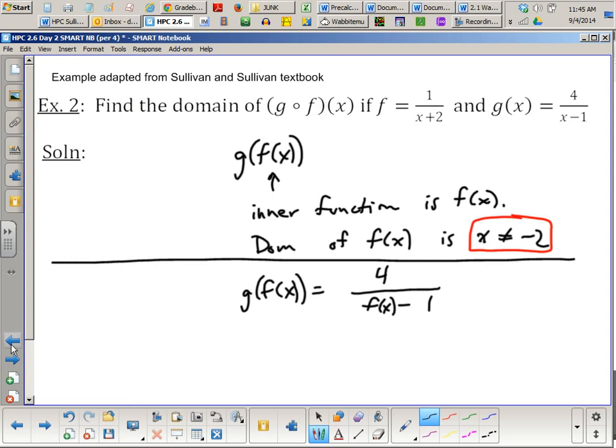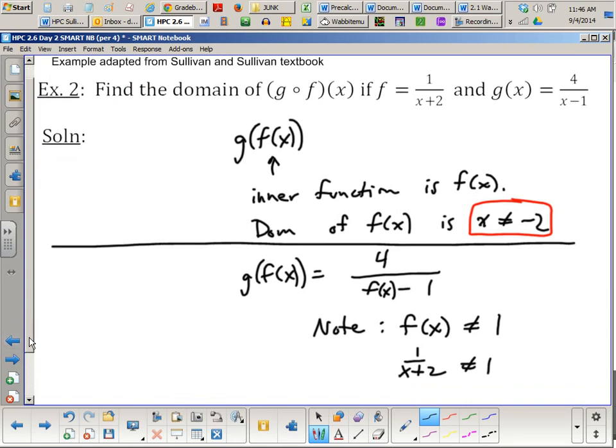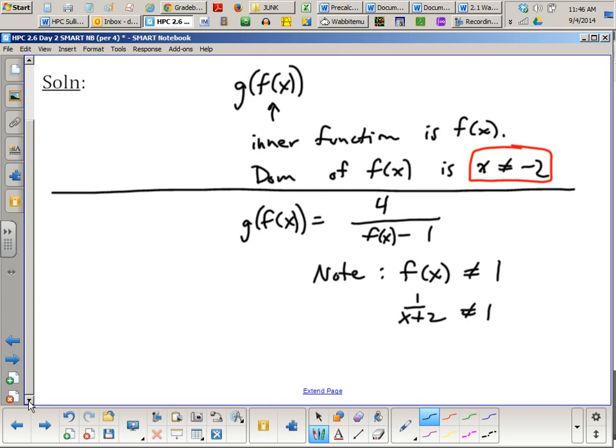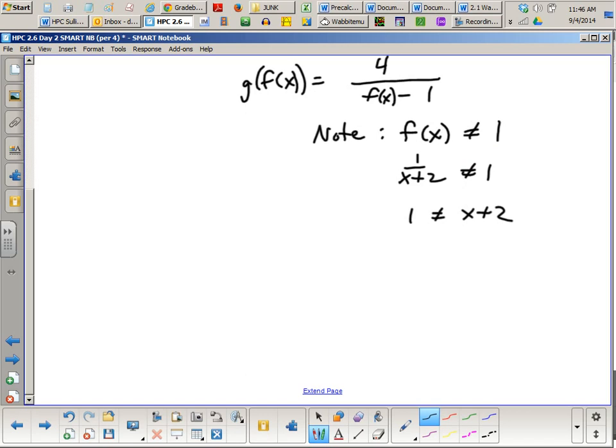Okay, so note f of x cannot equal 1. So if you're thinking that, then you might as well write it. And if you're writing it, you might as well flesh it out. So let's change f of x now to 1 over x plus 2, and solve that. So this gives me that 1 cannot equal x plus 2. x cannot equal negative 1. This is the second half of my answer.